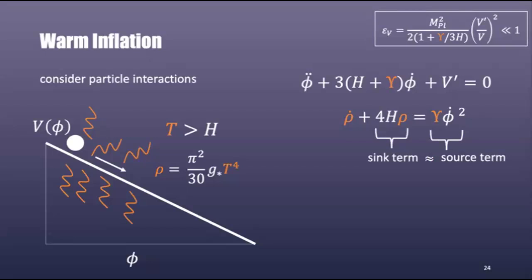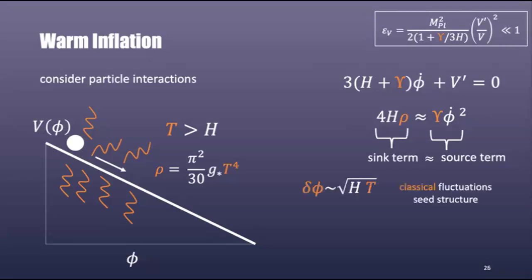The key idea in warm inflation, and also the key challenge, is that you want a source term large enough that you can maintain a balance, sourcing particles at the same rate at which you're diluting. If you do that, then your temperature, which is related to your energy density, roughly remains constant. So you have an equilibrium temperature while you're in this expanding universe.